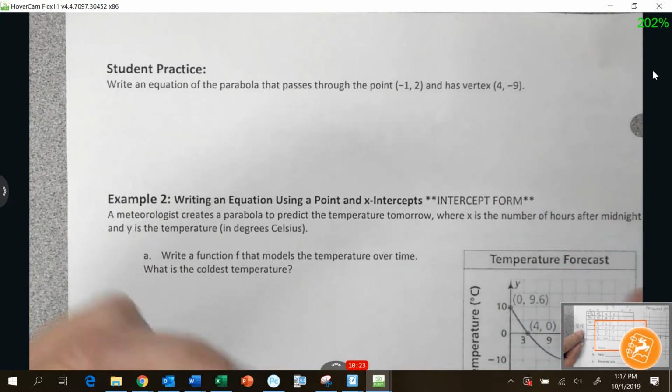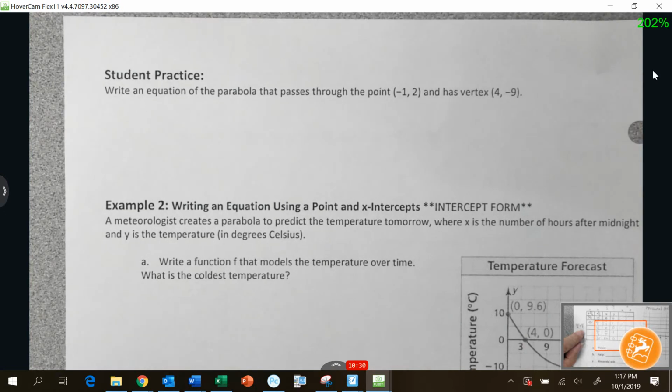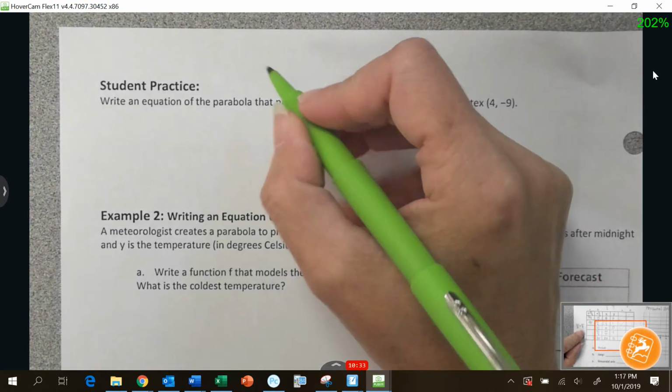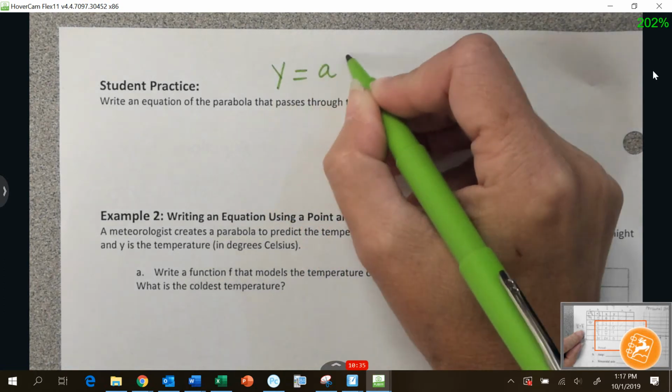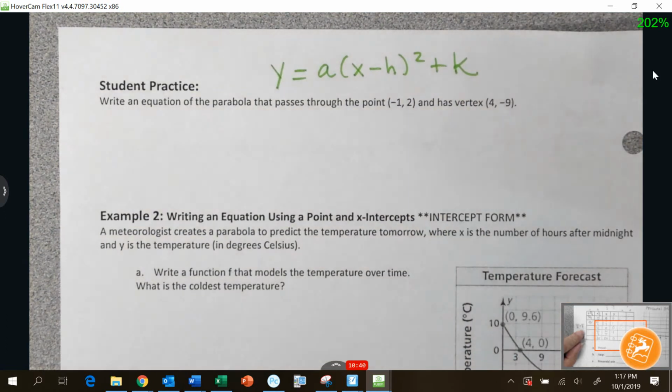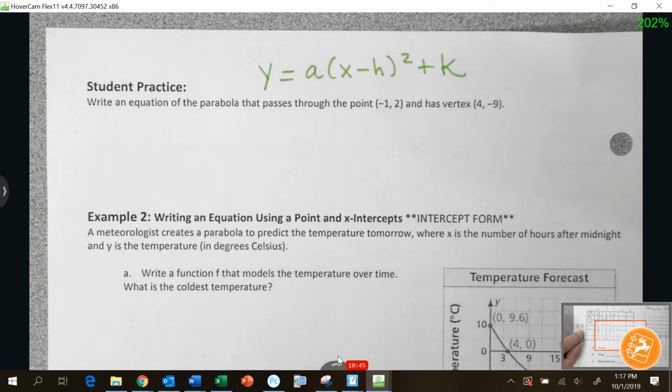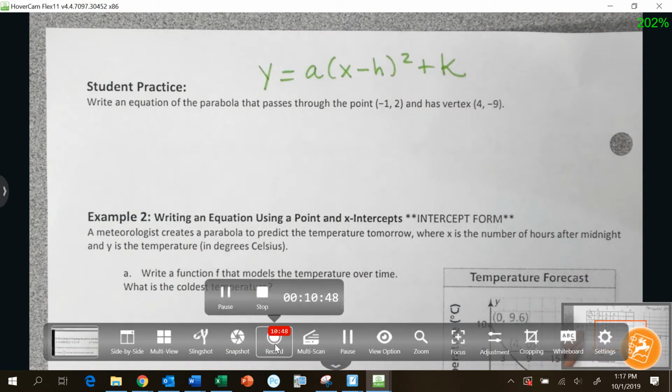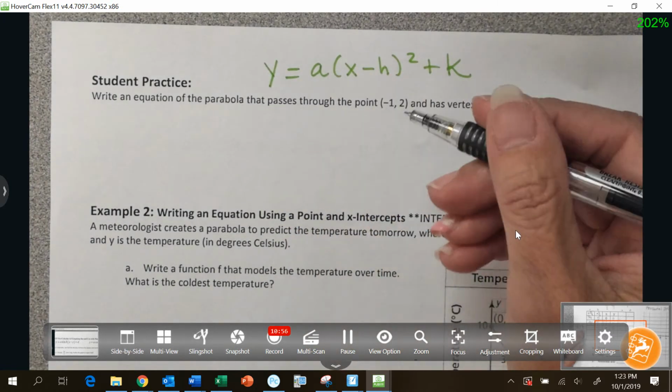Write the equation of a parabola that passes through the point -1, 2 and has a vertex of 4, -9. So now you try it. Okay, so we'll plug in our ordered pair.